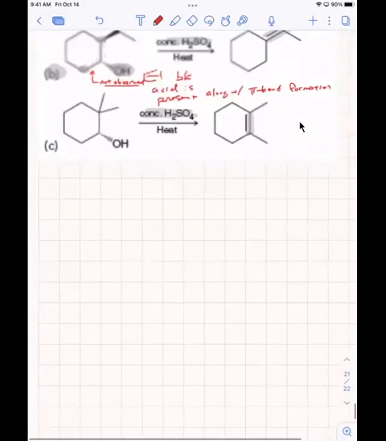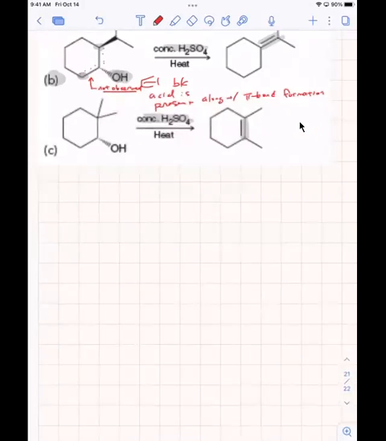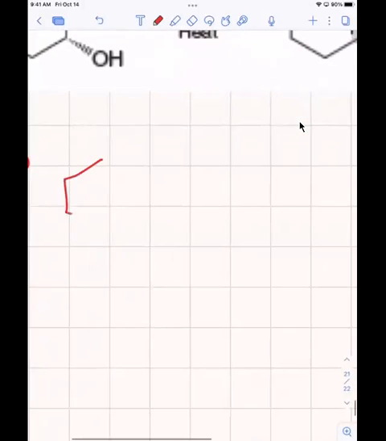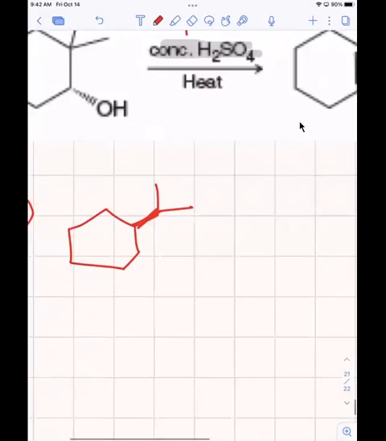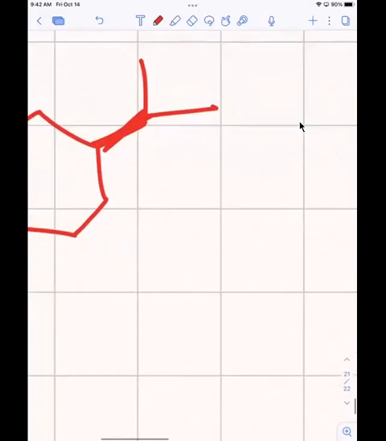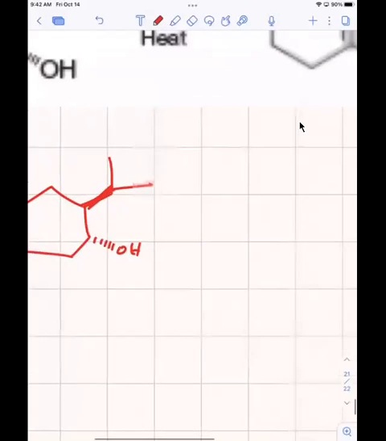All right, so let's go through the mechanism of that reaction. So we're doing B. I'm going to redraw it. And that is a chiral center, so I'll make sure I honor that. What's the first step?